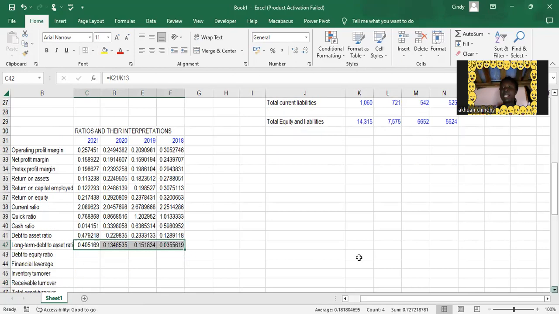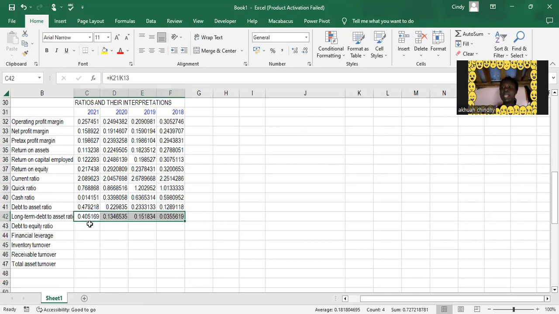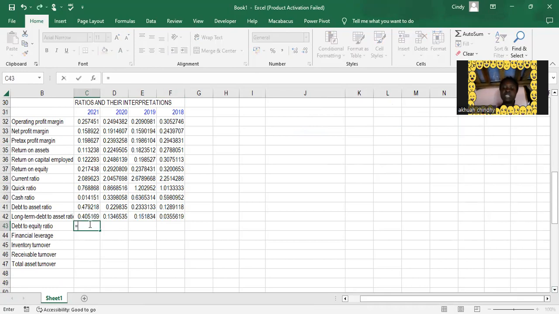Then we'll go to our debt to equity ratio. So this one is mainly a ratio to know the capital structure of the business, whether it has a high debt coverage or a high equity coverage. So you pick your total debt to total equity. So total debt divided by our total equity.